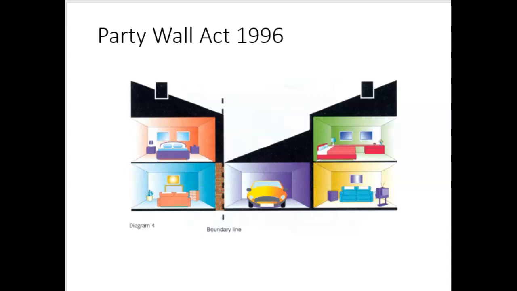You have also got a situation on this diagram where the original property has extended and therefore has created a party wall at the lower part of the property, because this bit of the wall is now enclosed, whereas the upper part of the wall, where the boundary line runs down the face of the wall and it's open to fresh air, that is not a party wall.